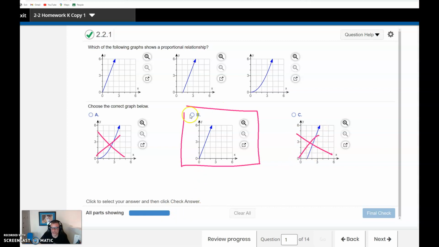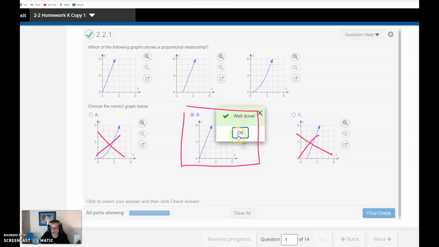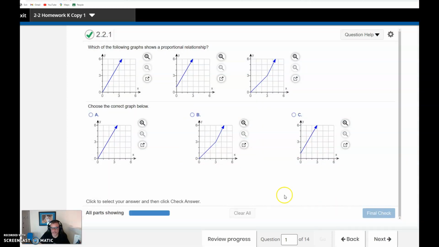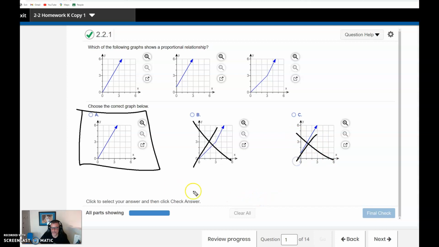All right, so for this one, you check B. Final check, got it. Boom, similar question again. Look at choice A. Does a straight line go through the origin? Yes, that one's good to go. This is not a straight line. It's bent. Nope. And this one is a straight line, but it doesn't go through the origin. No.